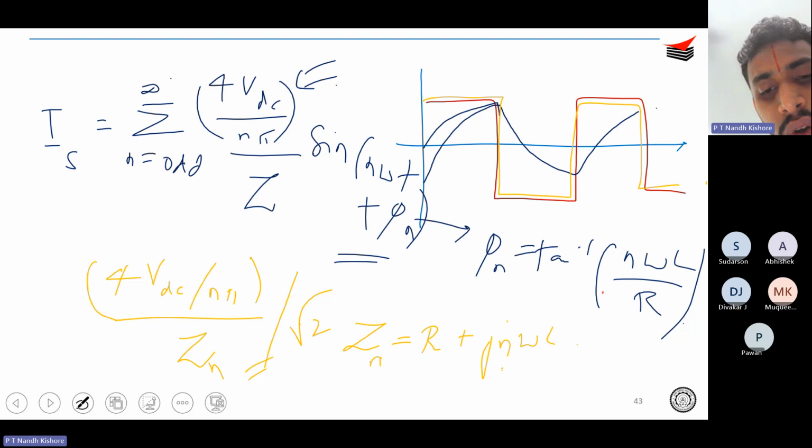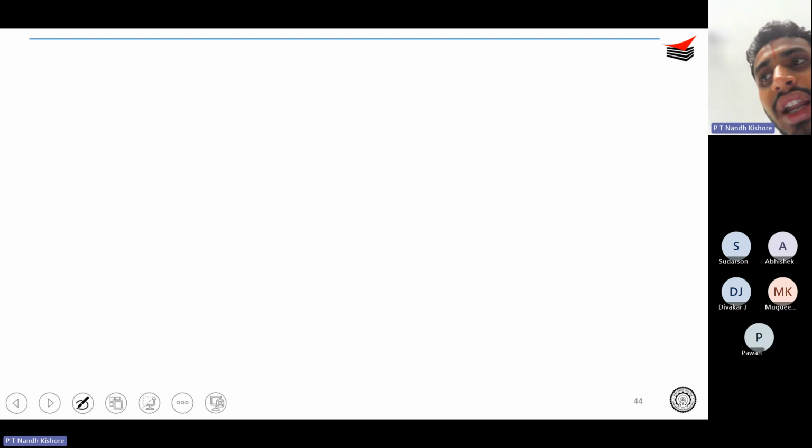Then if you divide by root 2, you will get the RMS. Simple, right? So this is the procedure we are going to follow.